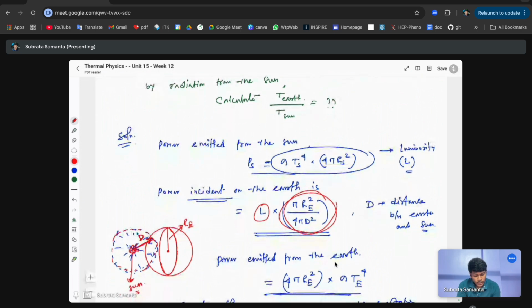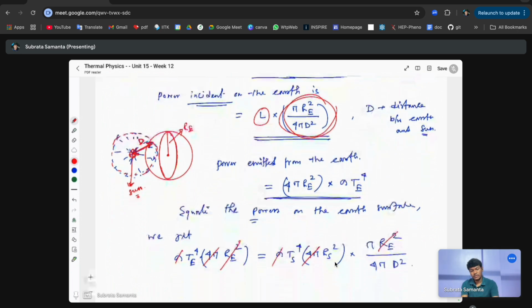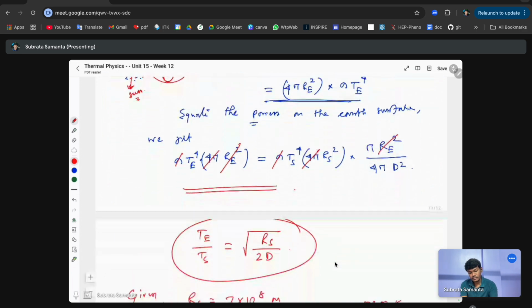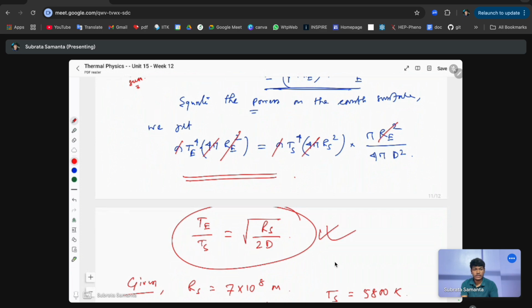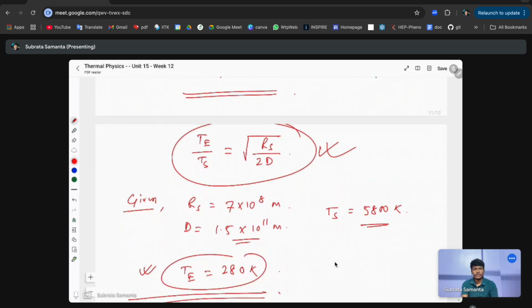We also calculate the power emitted from the earth, and then we equate both powers, the incident on the earth and emitted from the earth. So these are equal, and we get this result. Given this data, we can calculate the earth temperature easily. Any question?